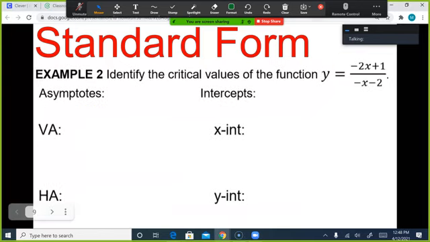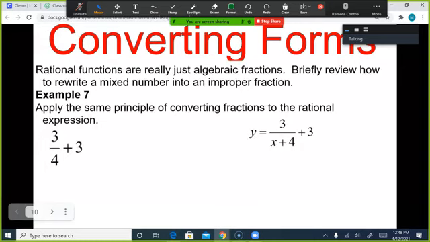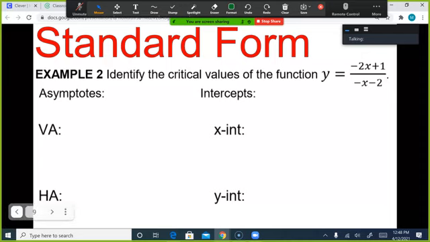Vertical asymptote. Vertical asymptote is when the fraction is undefined. The fraction is undefined when, I'm going to write it this time, the denominator is 0. So we're going to set the denominator equal to 0 and solve for x.